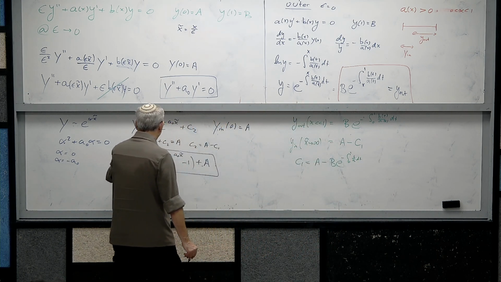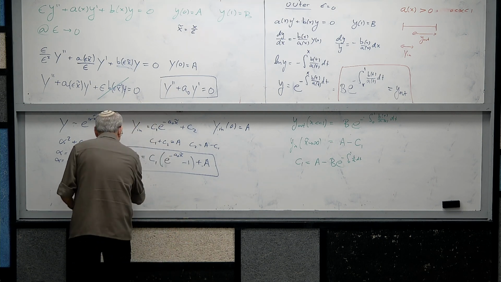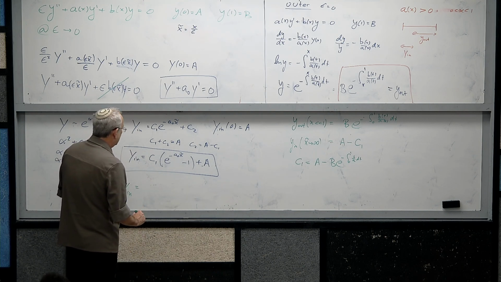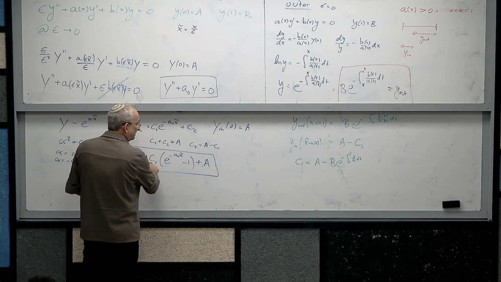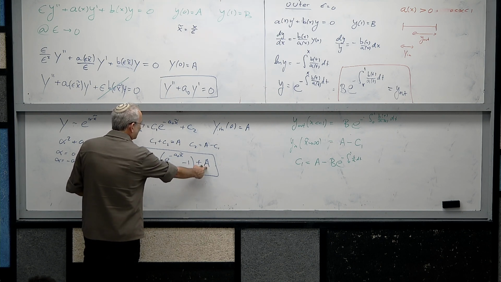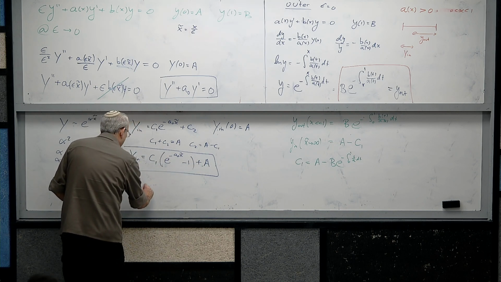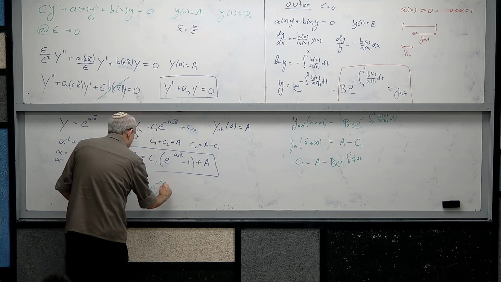So when I plug it here, the final form of y in is what? Okay, so I have a times that minus a plus a. So this one cancelled with that, and I will get a times e to the minus a naught x tilde.